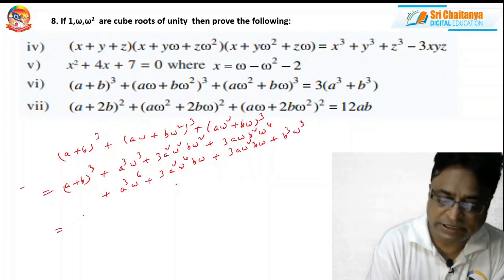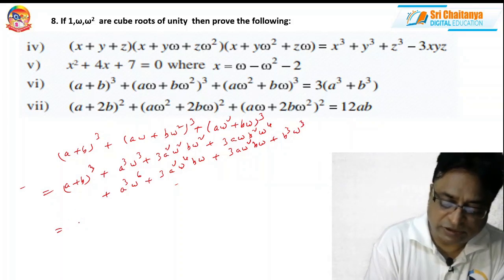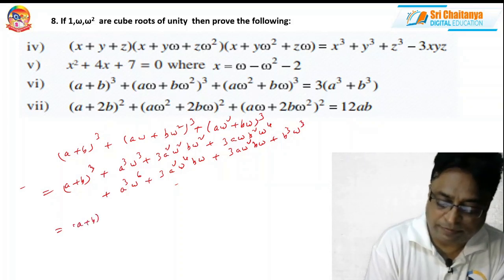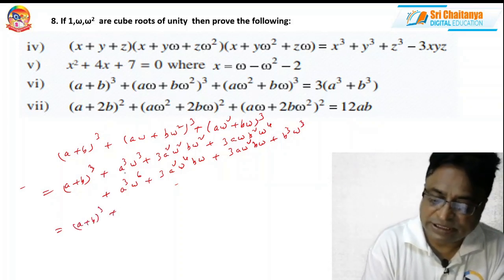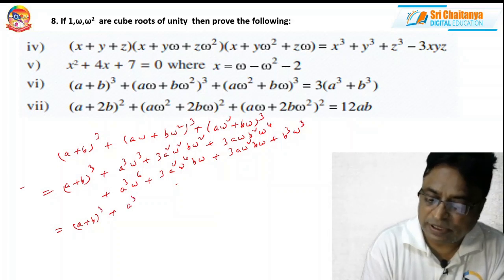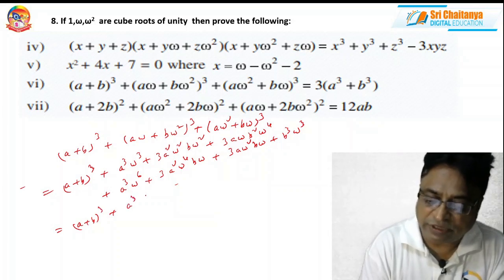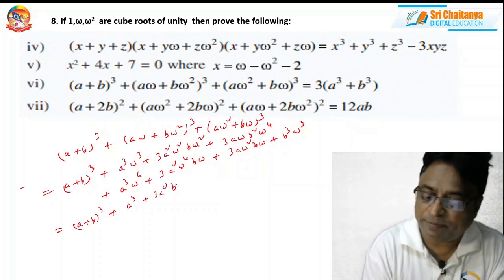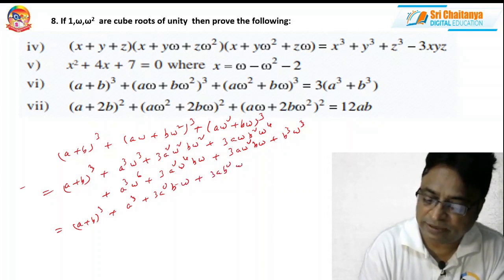You simplify this. Again I can also write it as a plus b whole cube, and of course this is a cube, and again plus 3a square b omega square into omega square, omega power 4, that is omega, plus 3a b square, this is omega power 5, that is omega square.